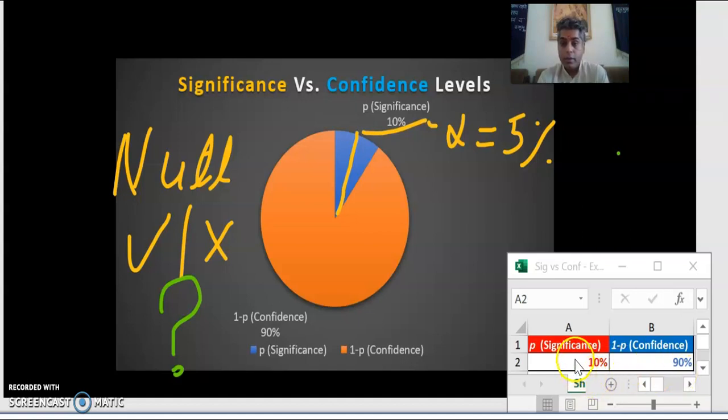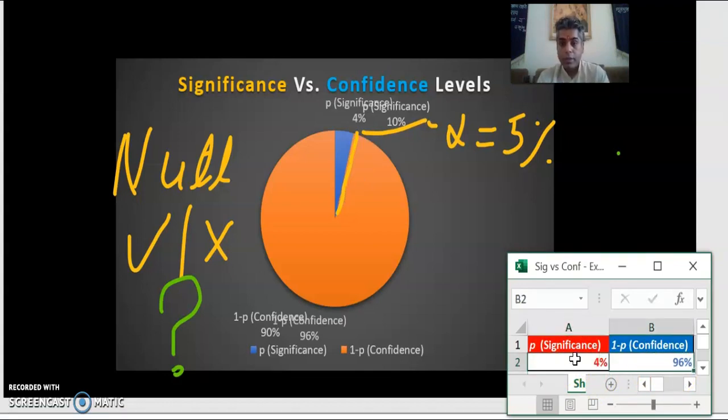As you can see here, the original significance value was 10%, whereas it should have been 4%. This would have meant that the null hypothesis should have been rejected, whereas it was not rejected because the original p-value detected was 10%, right?